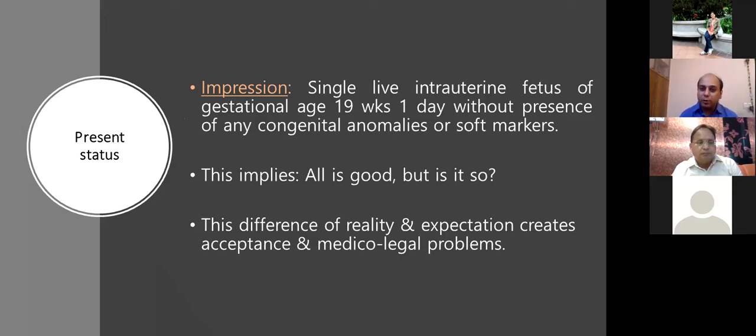But is it so? Is it 100% correct? No, it is not. We all know that. So this difference of reality and expectation creates an acceptance problem in case something goes wrong. And a good rapport with the patient, a good communication with the family will help us so that it does not take a medico-legal route.